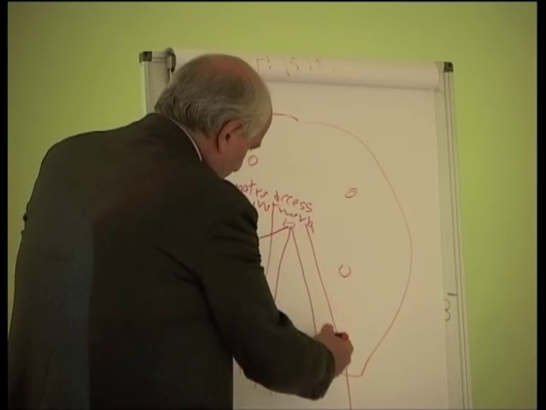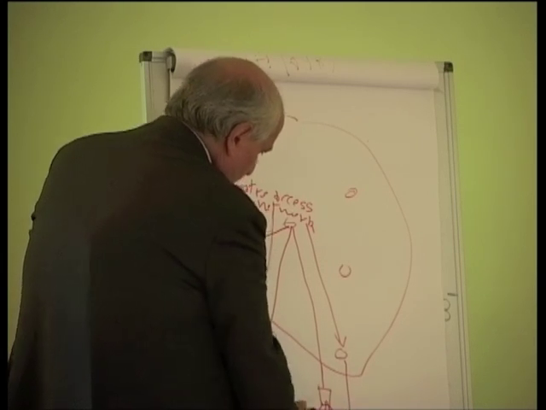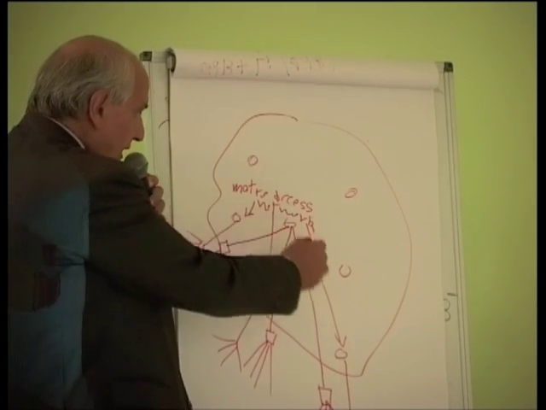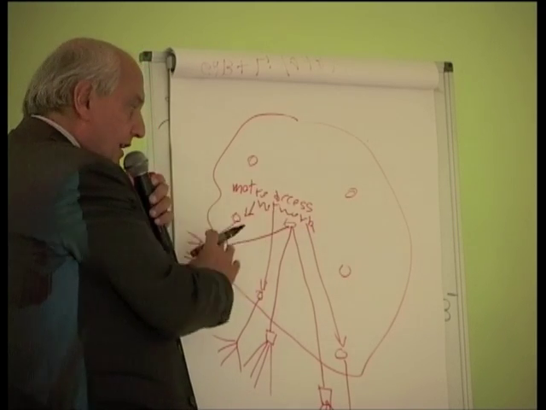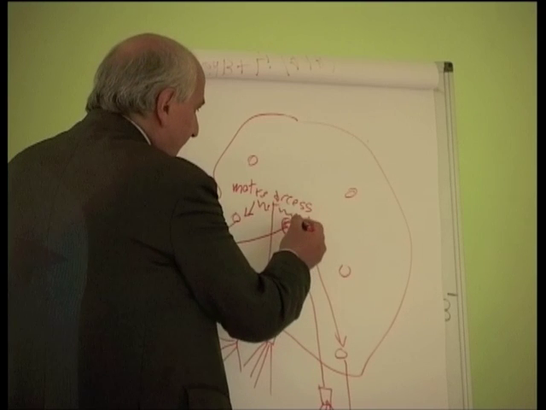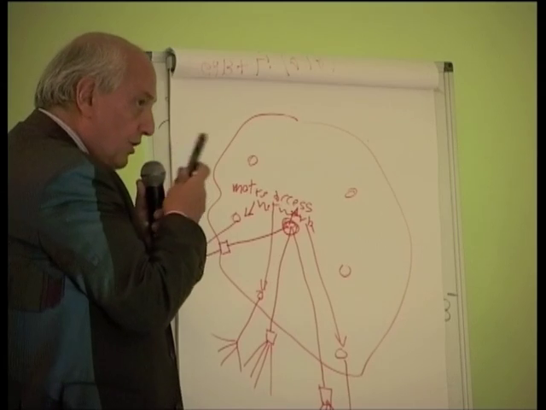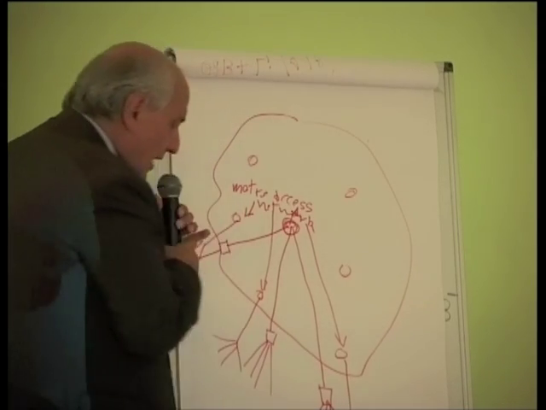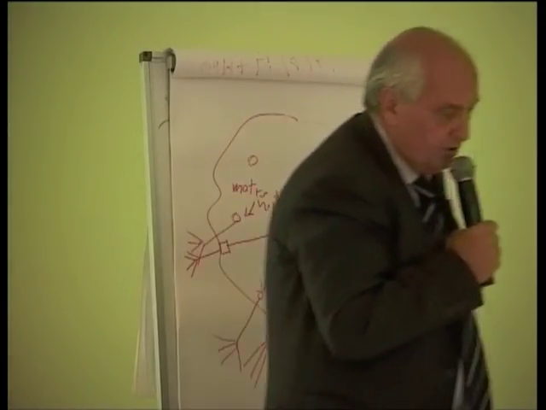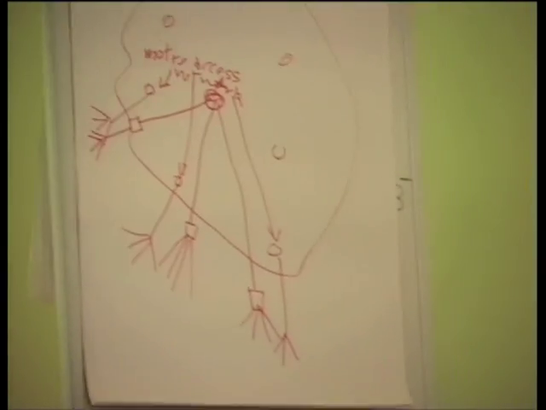I start from here, I put a reach extender and I go with the passive optical networks. Now I have all the networks converging in a single central office, and I connect only this central office to the metro access network. So this is a process which is called consolidation or concentration.